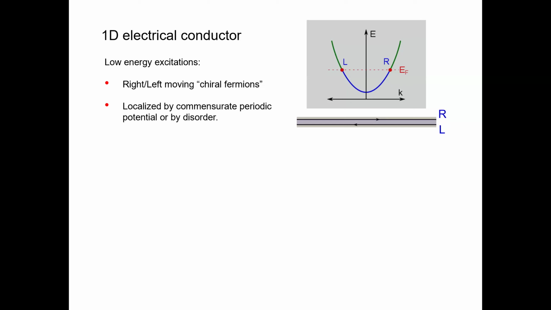This is the phenomenon of Anderson localization. It's a general problem that in a one-dimensional conductor that is disordered, the electronic states will inevitably be localized, which turns the conductor into an insulator, so it doesn't conduct electricity.